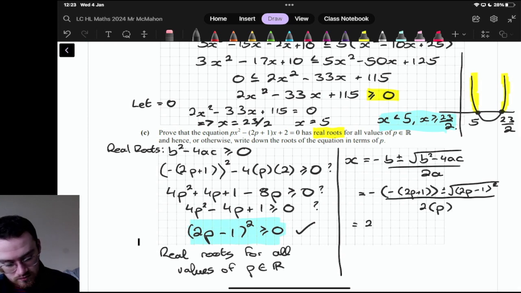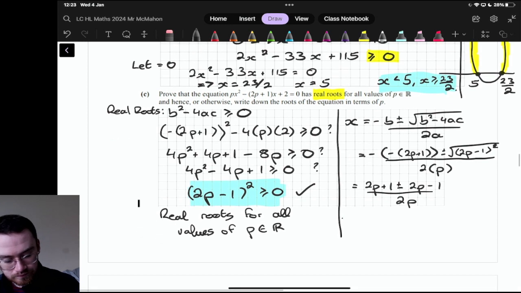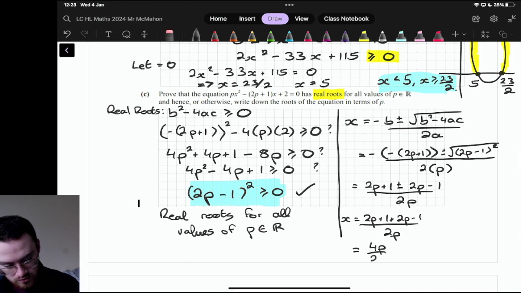So I'm going to have 2p plus 1 plus or minus 2p minus 1 all over 2p. So x is equal to 2p plus 1 plus 2p minus 1 over 2p, which is 4p over 2p, which is just 2.